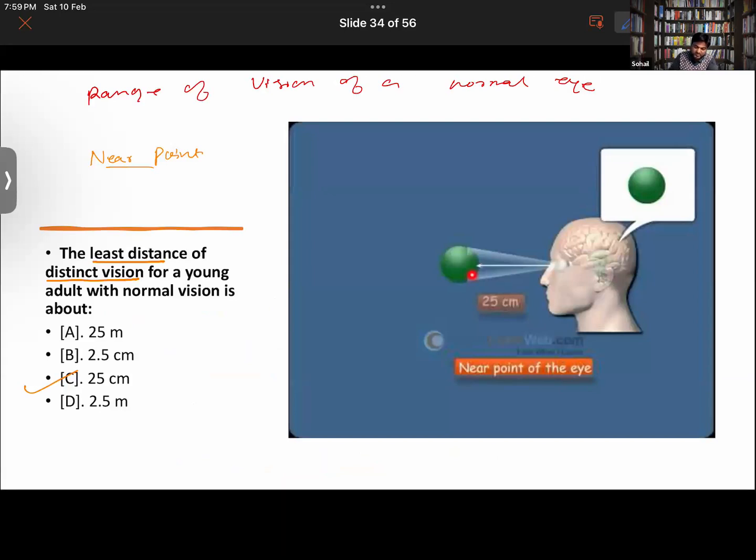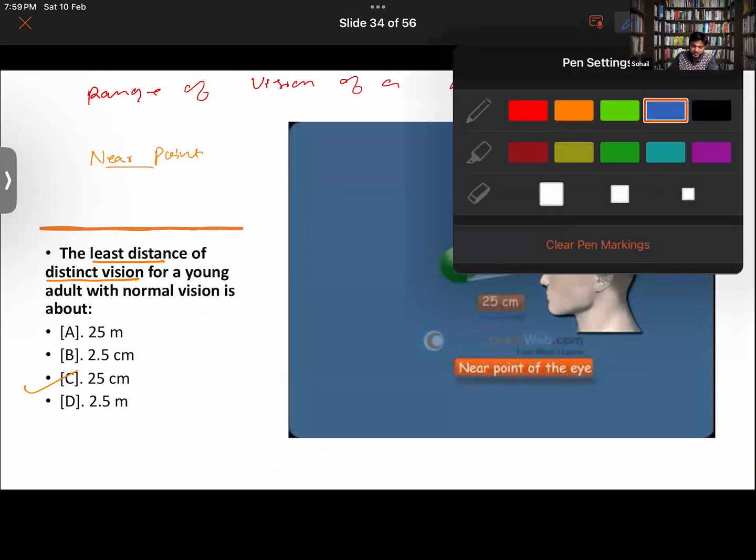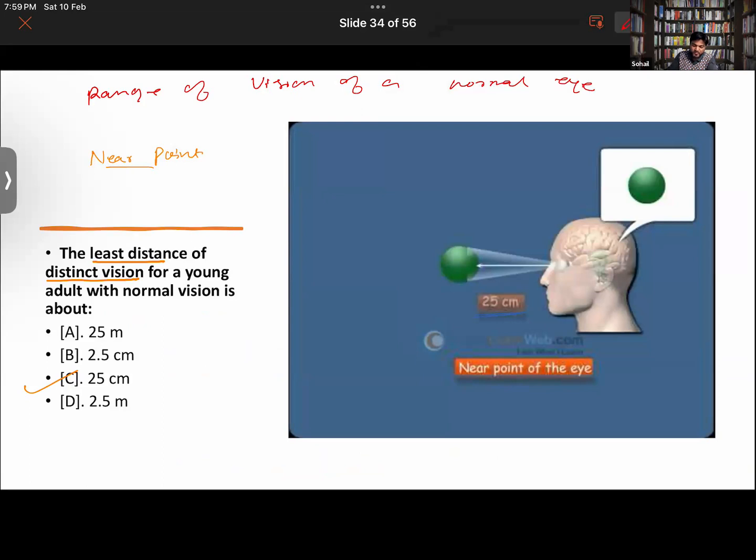For example, this is an object placed very nearby. Also, it is showing the least distance of distinct vision. In this case, the eye lens will become thicker, so thereby the converging power will also increase. Hope you guys are getting it.